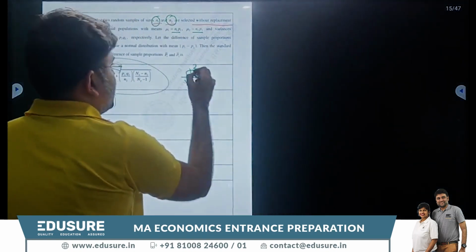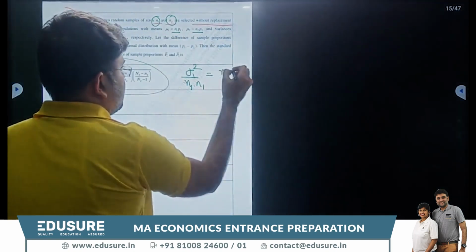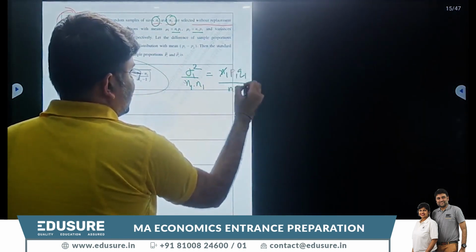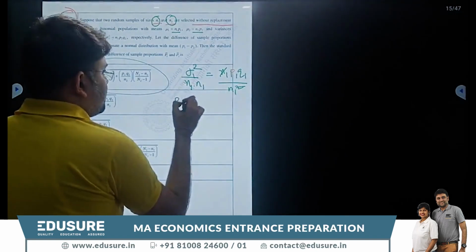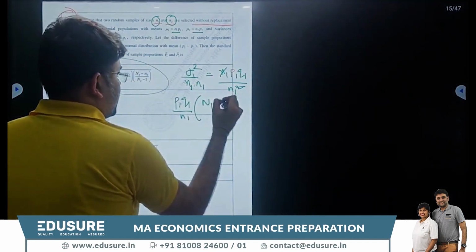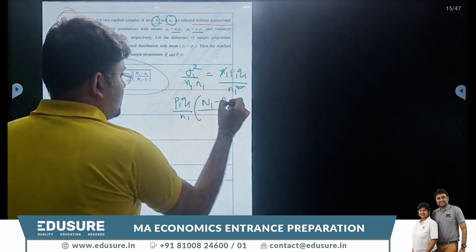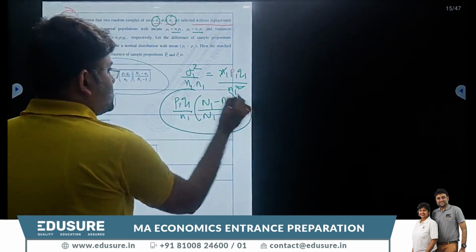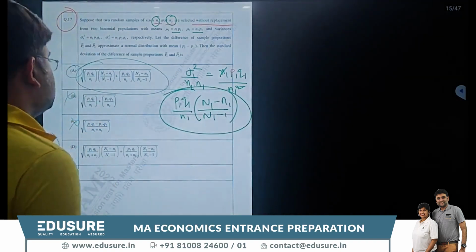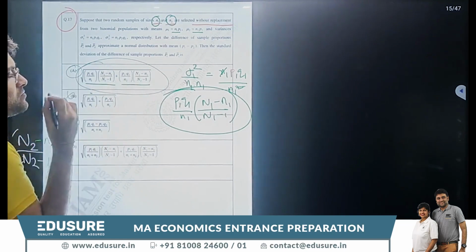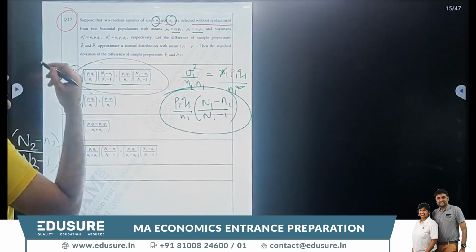So what will I get? I'll get basically n1 p1 q1 by n1 square. So this will cancel out. So ultimately I'll get p1 q1 by n1 multiplied by n1 minus 1 by n1 minus n1 by n1 minus 1. This will be the variance of the first, and the variance of the second will therefore be this one, and under root will give me my answer.